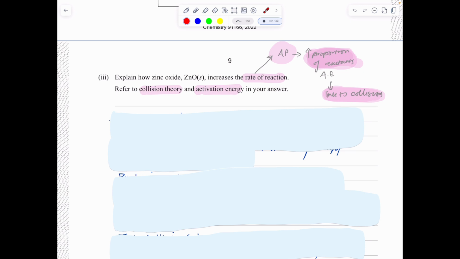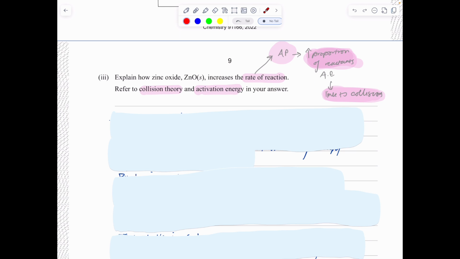So, as I've mentioned, zinc oxide, this catalyst, increases the rate of reaction by providing an alternative pathway, AP for short, alternative pathway, which has a lower activation energy. We don't want to say zinc oxide lowers the activation energy. No, I would rather you say that it provides an alternative pathway which lowers the activation energy.